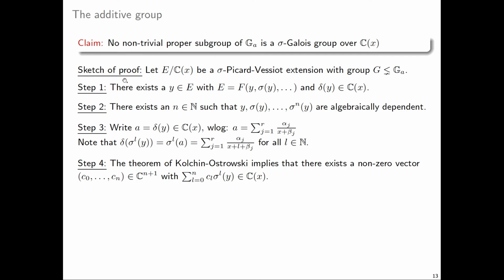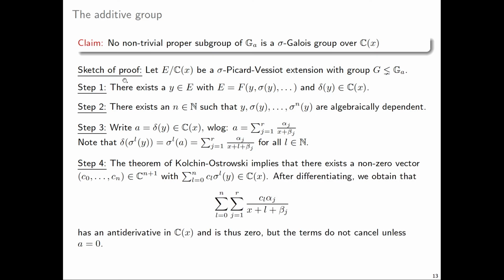And then, since y, sigma y, up to sigma to the n of y are algebraically dependent, the Kolchin-Ostrowski theory gives us a non-zero vector in the complex numbers such that a linear combination of these elements is inside the base field.